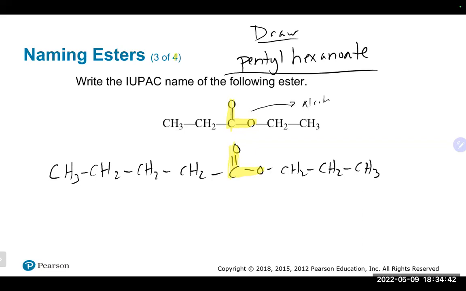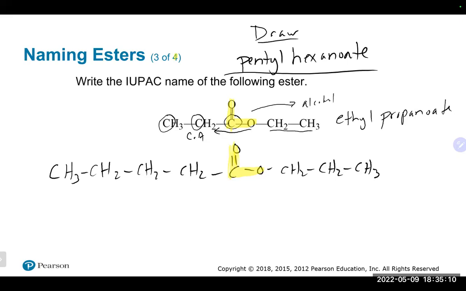That is 2 carbons, which means it would be an ethyl. Going the opposite way gives us our carboxylic acid part, and that is 1, 2, and 3 carbons. So 3 carbons would be based off of propane, and we'll drop that E and put -oate at the end of it. So that would be ethyl propanoate. Any questions on that name there?